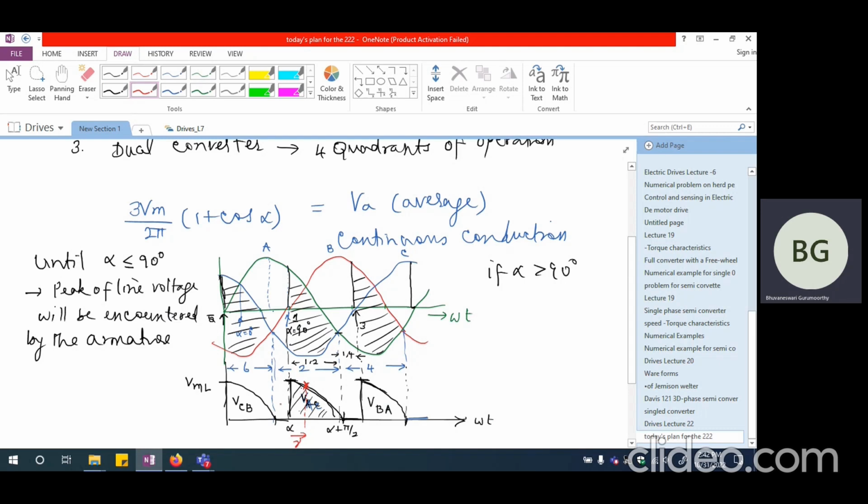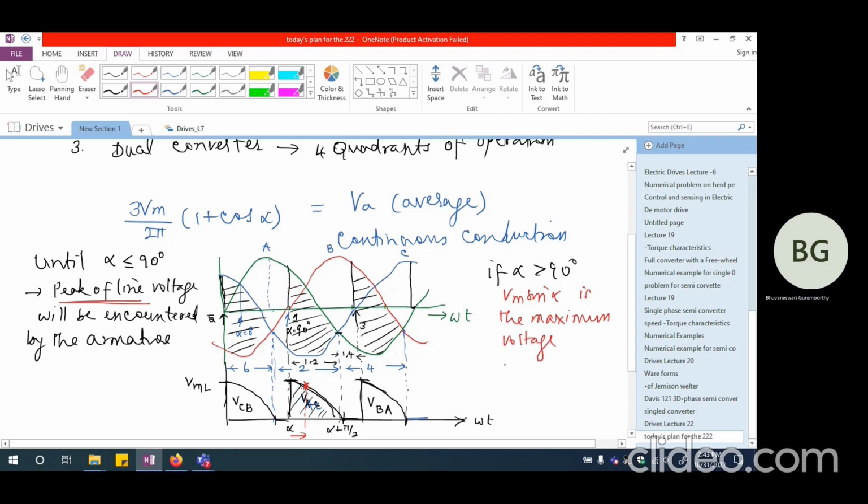So if alpha is 90 degrees, then Vm sine 90 is the maximum voltage faced by the armature. Whereas if alpha is greater than 90, Vm sine alpha is the maximum voltage encountered by the armature.